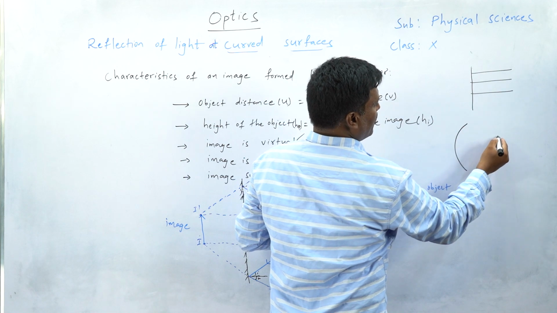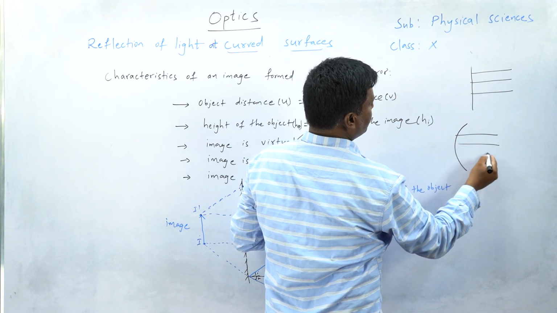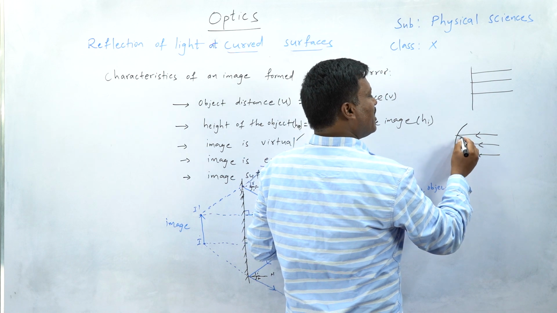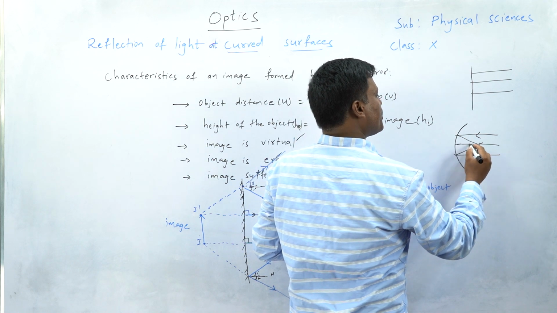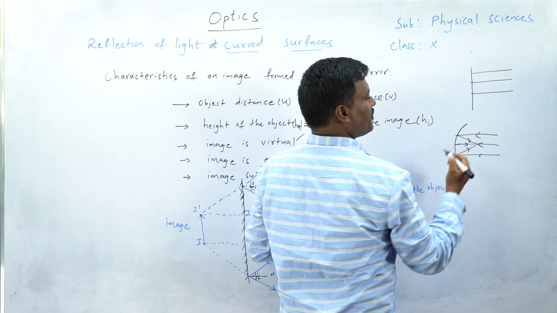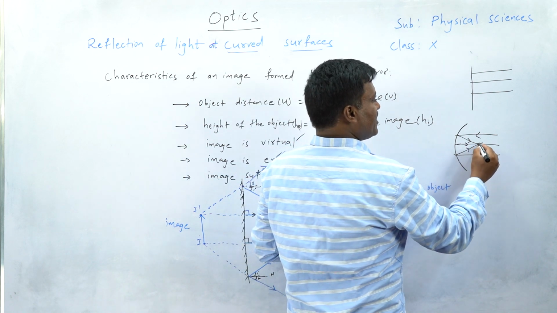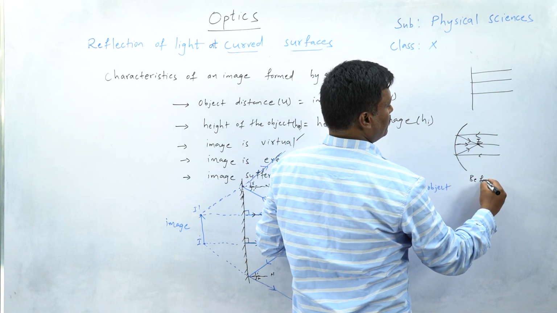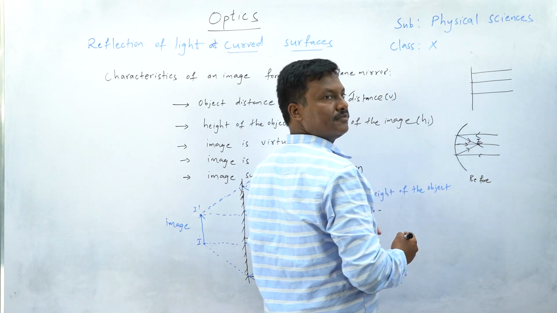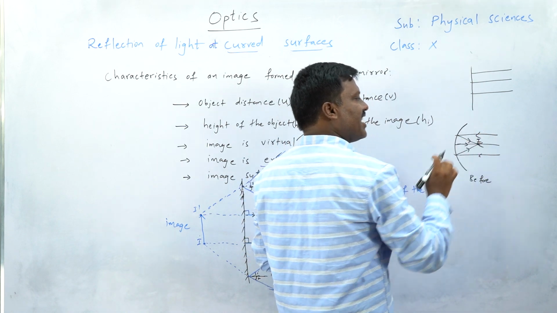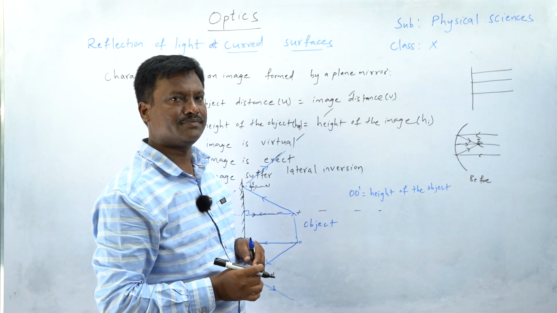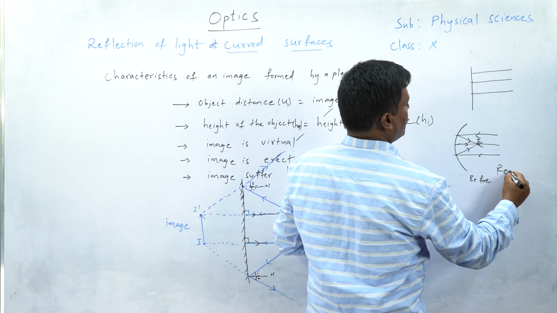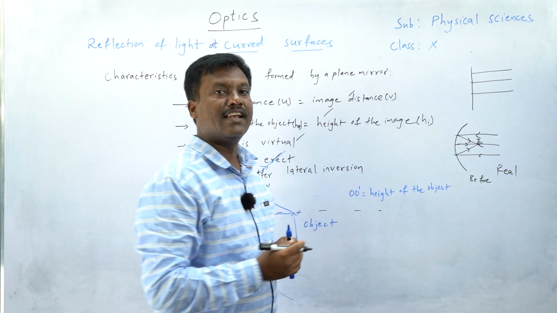What happened now? After reflection, all the light rays meet at one point. This is the image. Here the image is formed before the mirror, because rays are converging after reflection. This kind of image is called a real image.